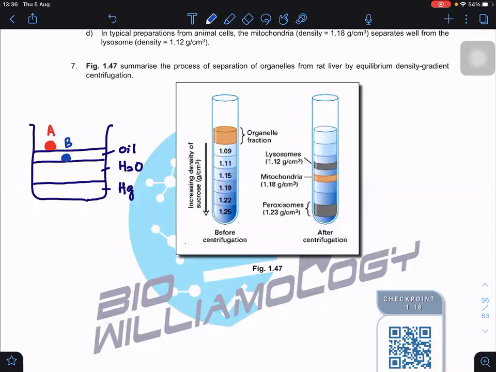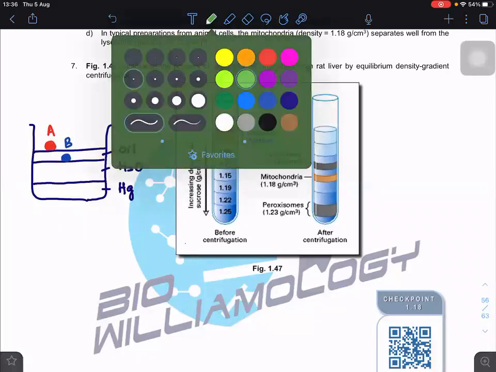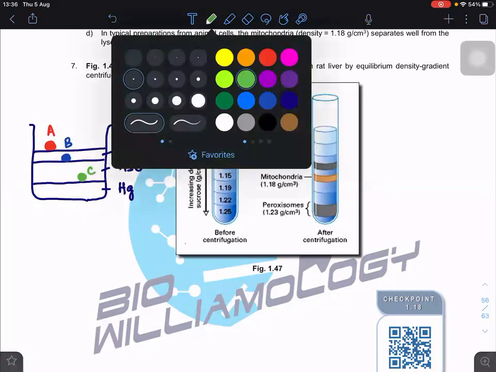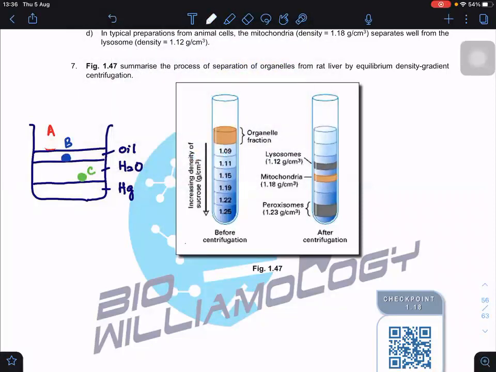Correct? Okay, so if I have object C, then it will sink down here, let's say. Then we know that this C's density is higher than the water, but lower than the mercury. Are you clear? Okay, so if I have the mixture, let's say for example, now, let me clear up this one first.